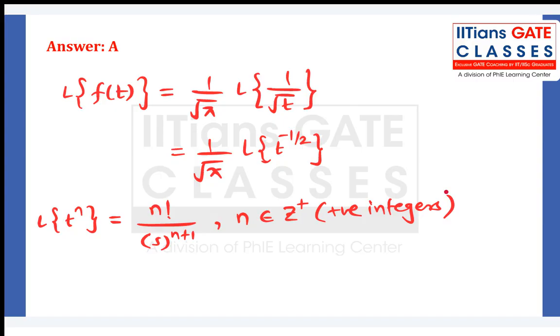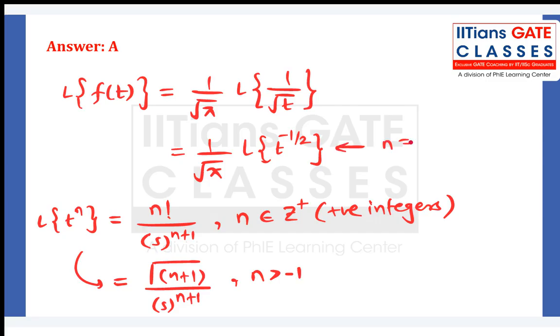In our case the power n is minus half. So for that you have another formula, which is the gamma function of n plus 1, it's not square root, it's a gamma function, divided by the same s power n plus 1. This is valid for any value of n which is greater than minus 1, so it satisfies our condition because here the power n is minus half.